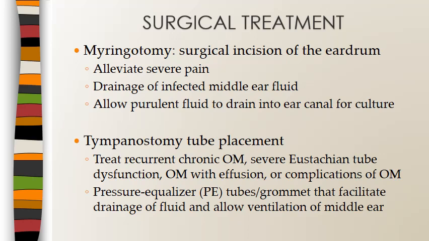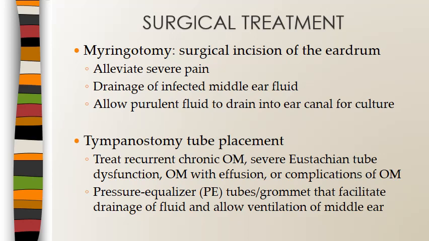The other type of treatment is through tympanostomy tube placements. These are the ear tubes you hear a lot of people talk about. This is used to treat chronic otitis media, severe eustachian tube dysfunction, or otitis media with effusion or complications of otitis media.